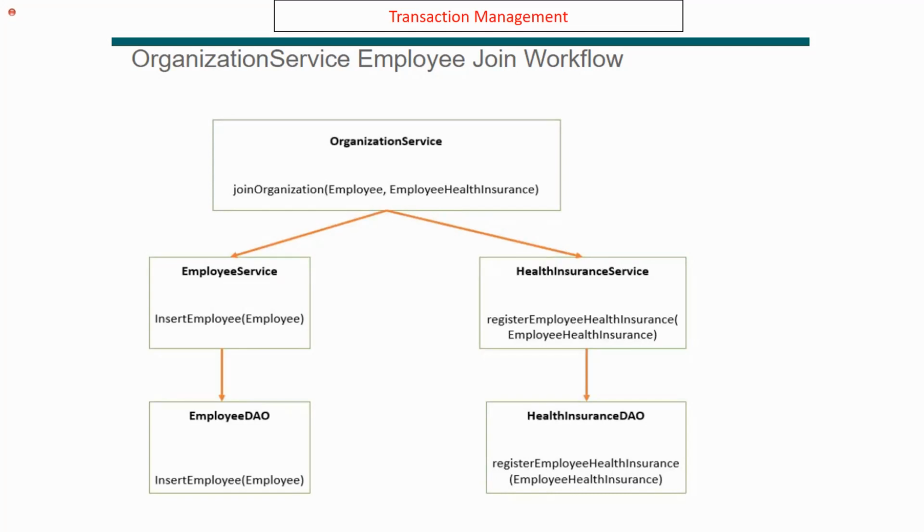If I create a required annotation, by default only one transaction object will be created and it is managed by the parent only. The parent creates the transaction object and it is shared between the children. Employee service is child 1, insurance service is child 2.